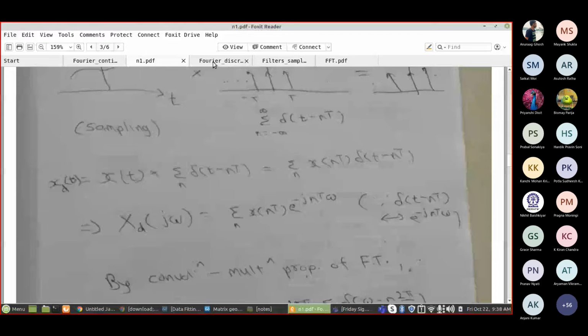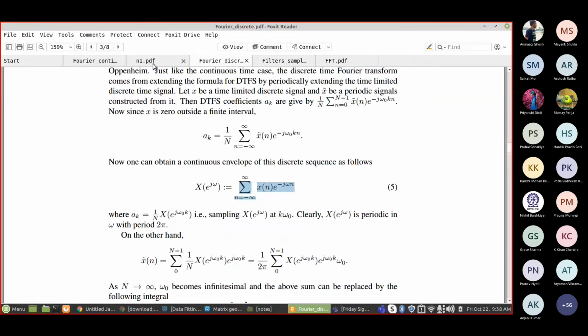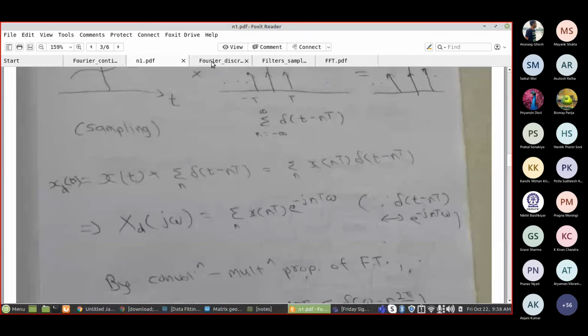Oppenheim has given another interpretation of how this definition arises, and here we are seeing another interpretation. You can have a look at both of them. This is Oppenheim's way of doing things, but you can also see how this definition comes very naturally, just by applying the continuous time Fourier transform definition.